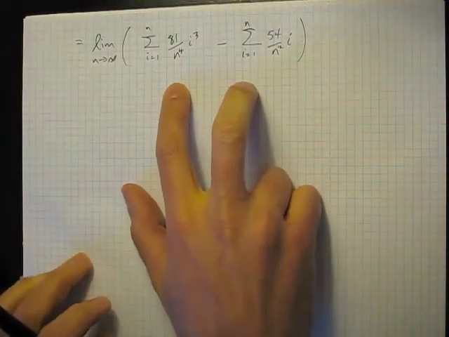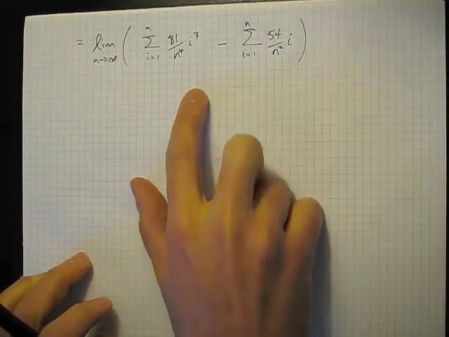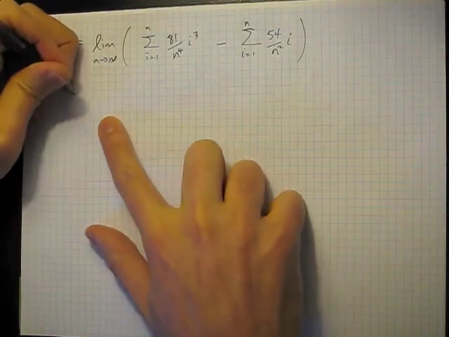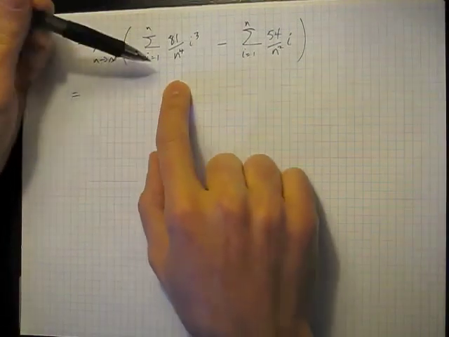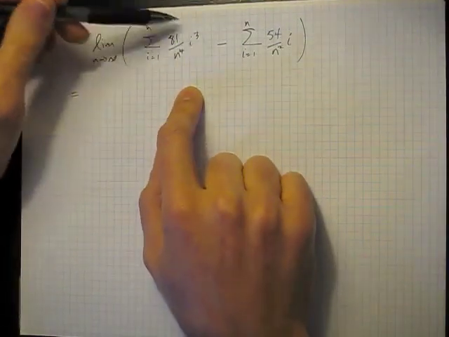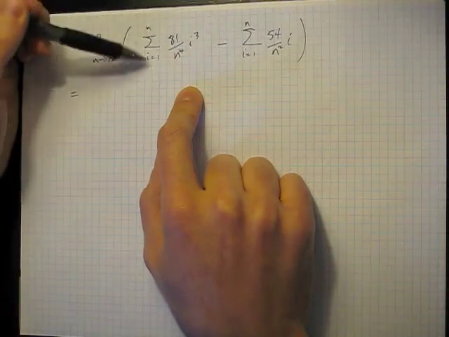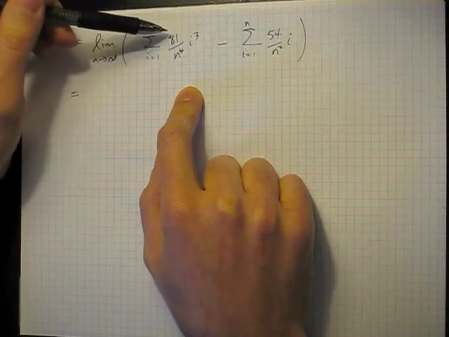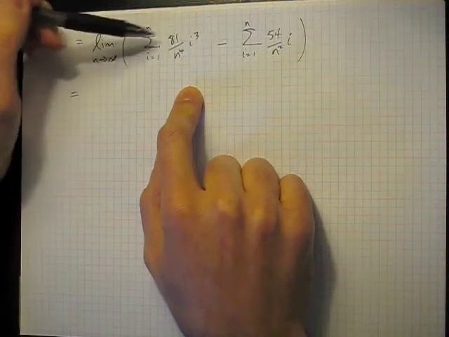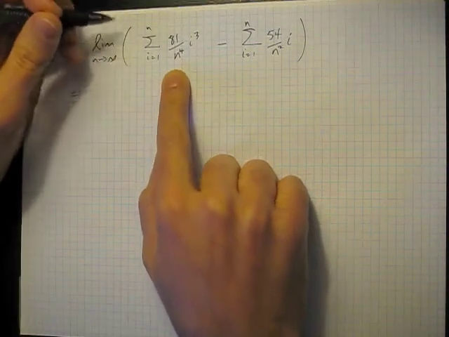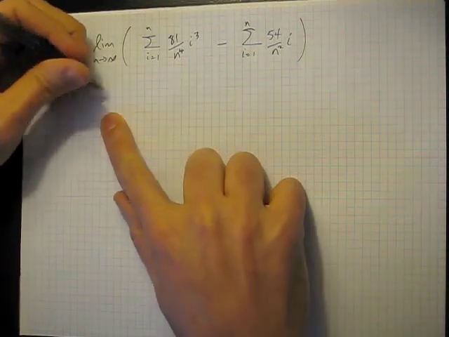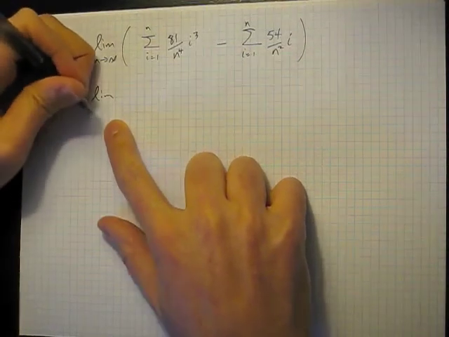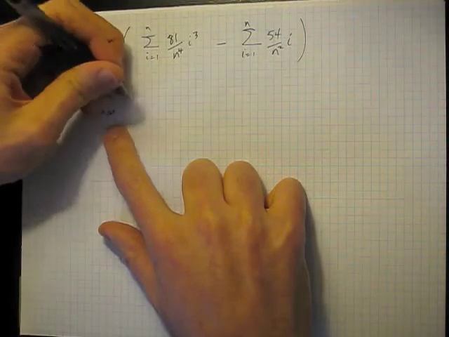Okay, so all we did was we just split the one sum into two sums. Now, we're going to use another one of our rules. The only term that's changing as i changes here is i cubed. This, for all intents and purposes, is a constant in this summation. And so we're going to treat it like a constant, and we're going to pull it out like so.